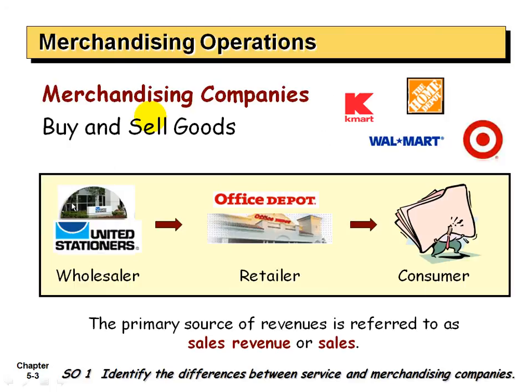Okay, so merchandising companies, the big box retailers here, they basically buy merchandise from wholesalers or distributors, or some people call jobbers, or even straight from the manufacturer. Now they have to stock that inventory in their store shelves and maybe their warehouse, and then the customers buy it from them.